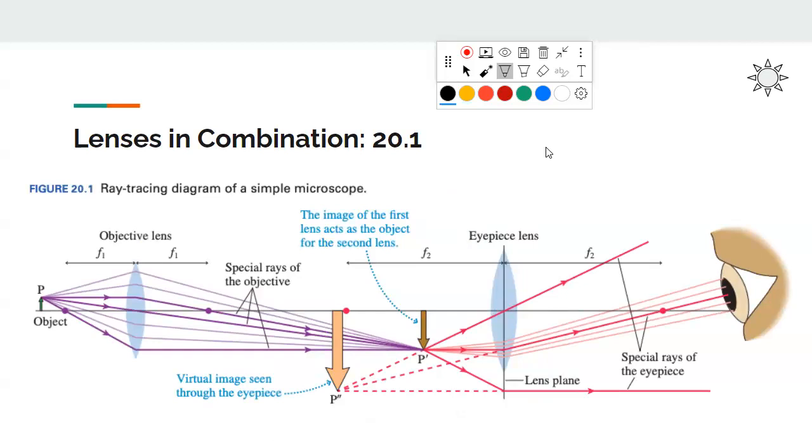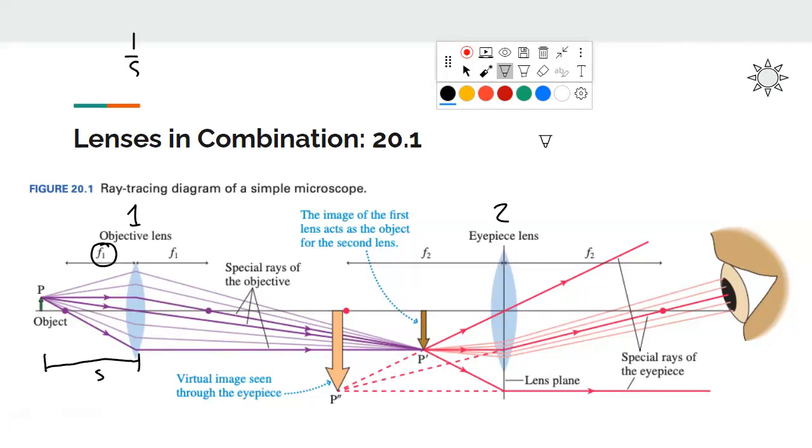So the way that it works is that we just do the thin lens equation twice, but we have to be careful in regard to where we're measuring those distances. So for example, if this is lens 1 and this is lens 2, we first do the thin lens equation for lens 1. We can see that there's some object length s, and that there's some focal length f1.